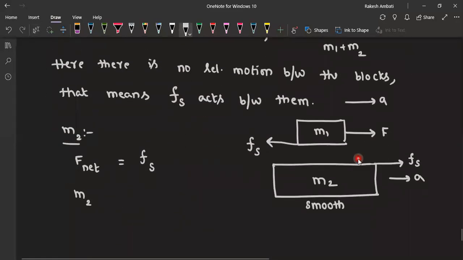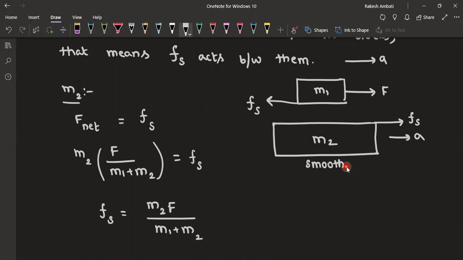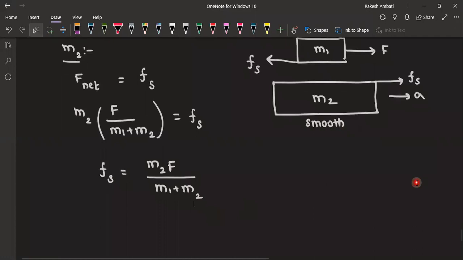So Fs equal to M2F upon M1 plus M2. So this Fs is acting between M1 and M2.